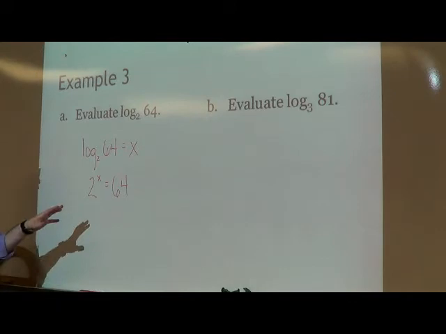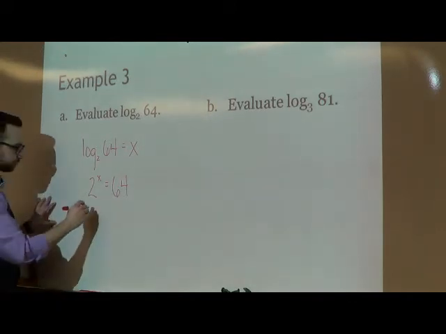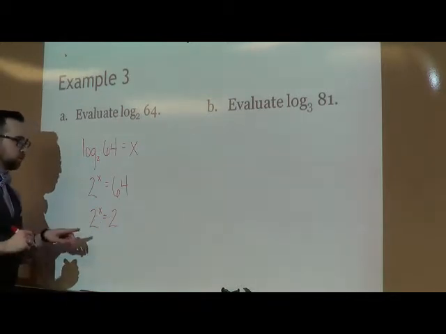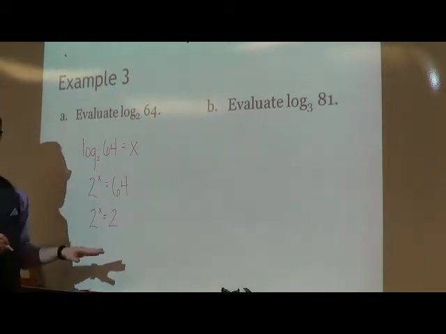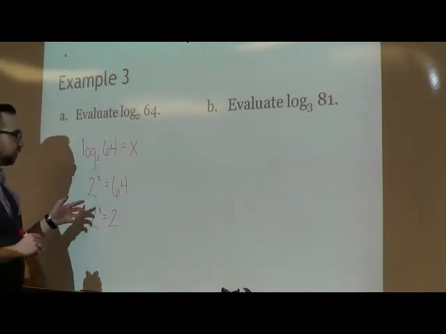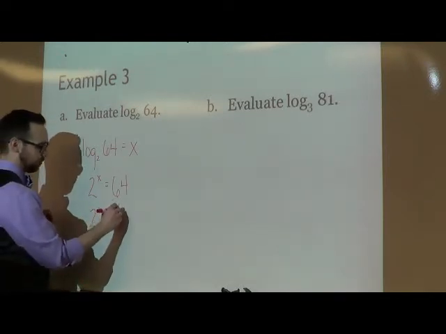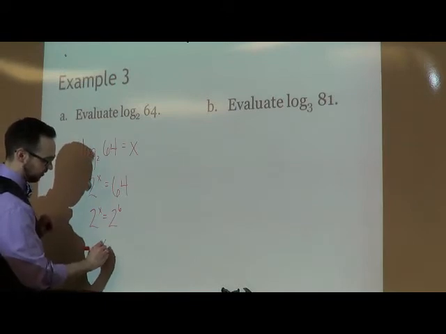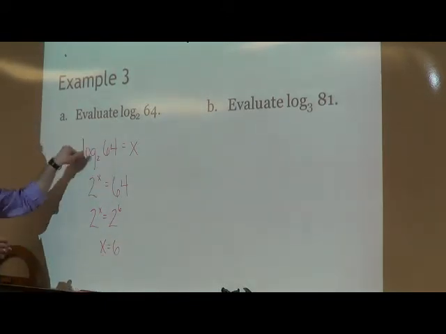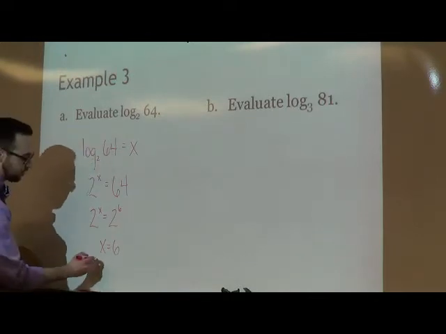Well, now we know how to do this because we did it in yesterday's lesson. So we can do 2 to the x power is equal to 2 to the... Now we want to figure out 64 is 2 to what exponent? It's actually going to be to the 6th power. So then we know x is equal to 6. And since x is equal to 6, that means this logarithm is equal to 6. So that is your answer.